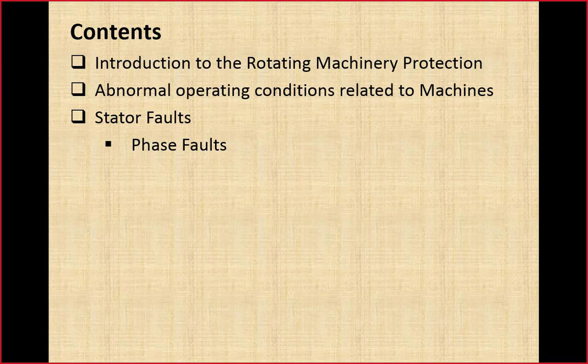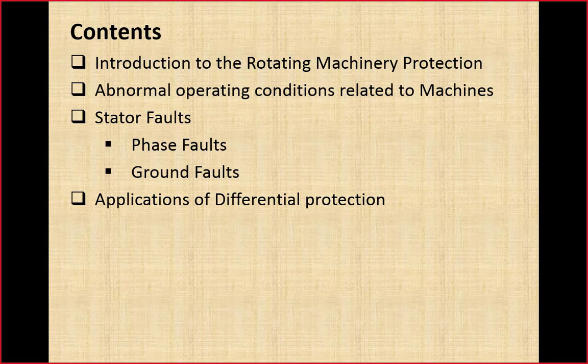So there are two types of stator fault: stator phase faults and stator ground faults. Here we discuss these two faults in detail, and then we discuss application of differential protection for the protection of stator of synchronous generator.